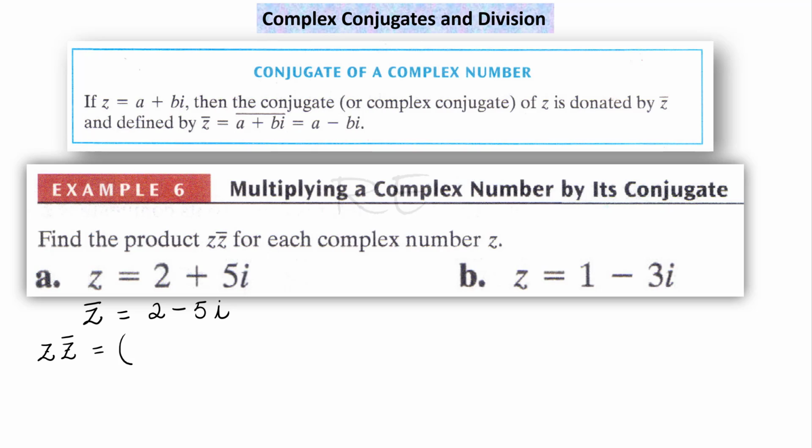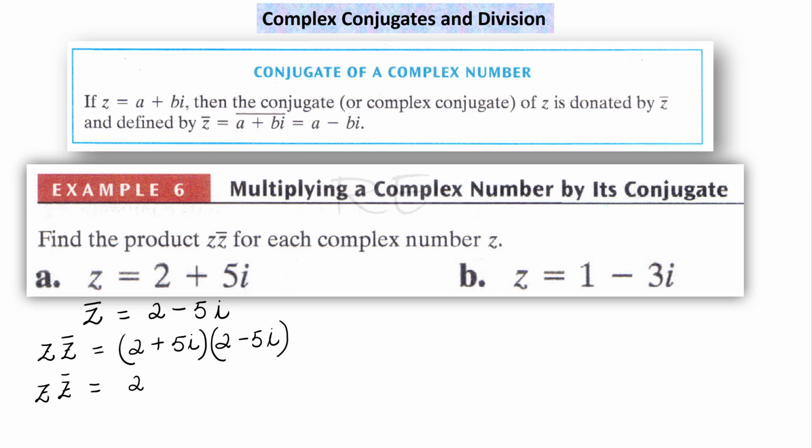Z multiplied by its conjugate is equal to 2 plus 5i times 2 minus 5i, which will produce a difference of 2 perfect squares.